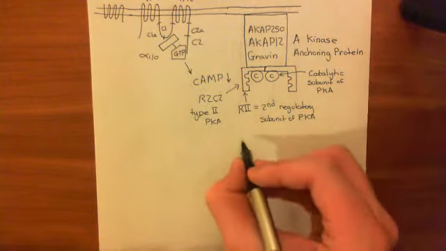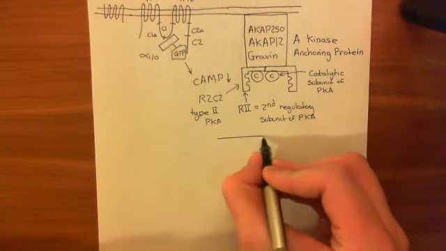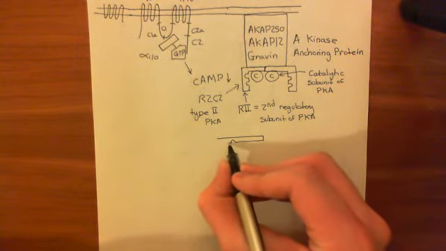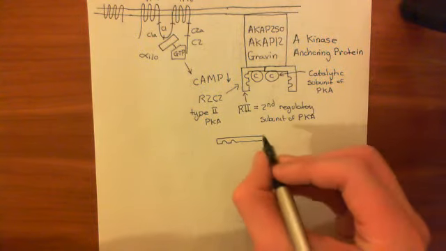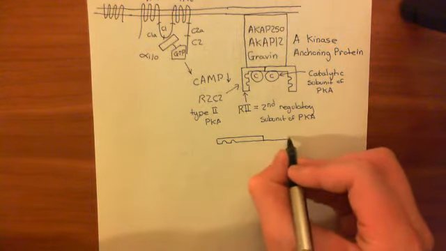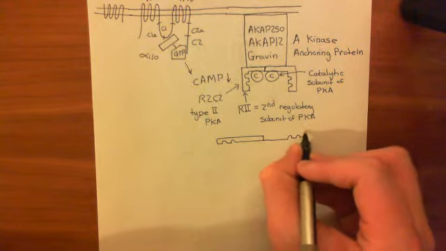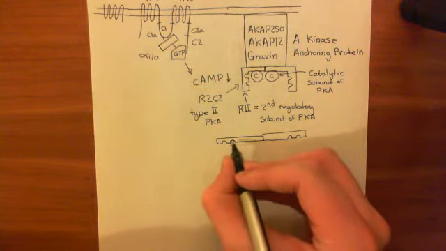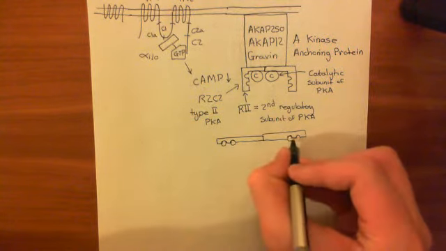So let me show that. If cyclic AMP did bind, the regulatory subunit adopts a conformation which I will, for a cartoon, show like this. Now I should show cyclic AMP bound in those 4 cyclic AMP binding sites.